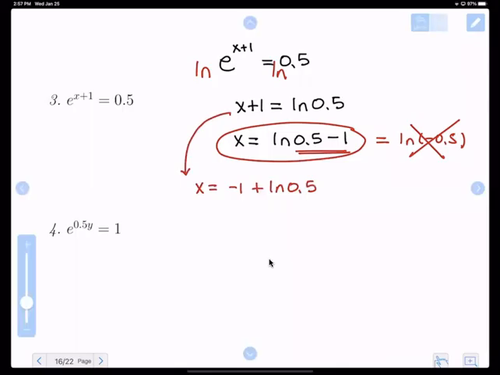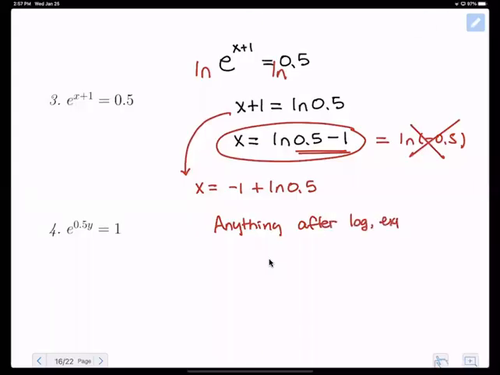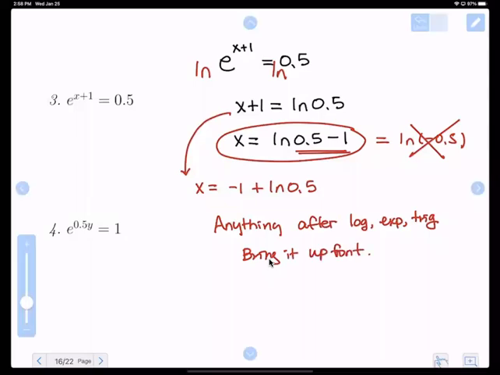Okay, so I want to give you one tip. After the logarithmic function, exponential function, trig functions, bring it up front. So let me give you an example.